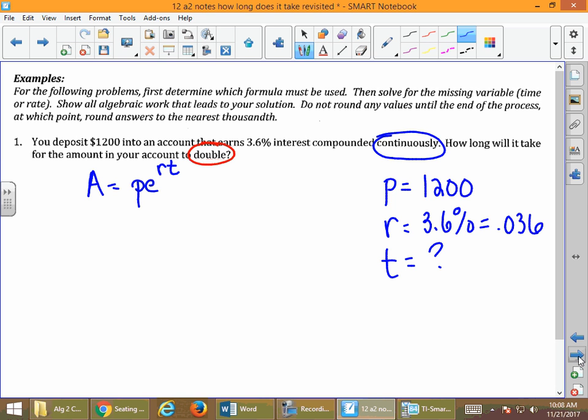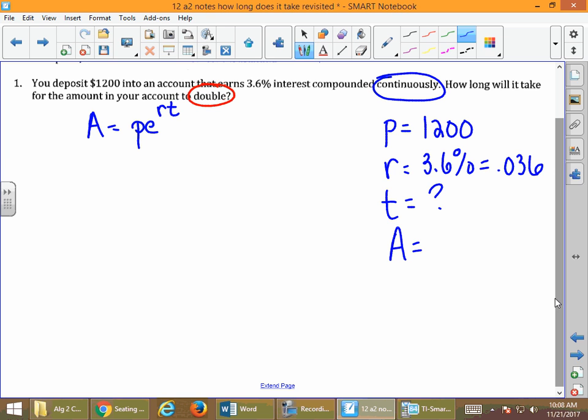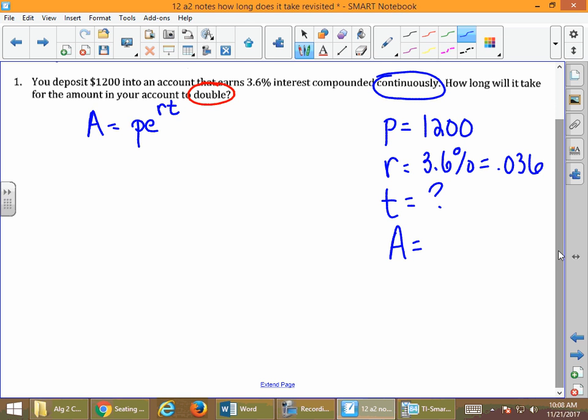How long will it take for the amount in our account to double? Well, we don't know exactly what A is, but we can figure it out. It says double. We started with 1,200, so how much is double that? It's 2,400. And where that came from is 1,200 times 2.